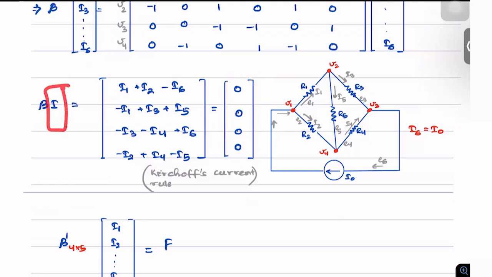And this I is the current flowing through each branch. So when we input to B some information about the edges in the network, the output that we got is some information about the vertices.